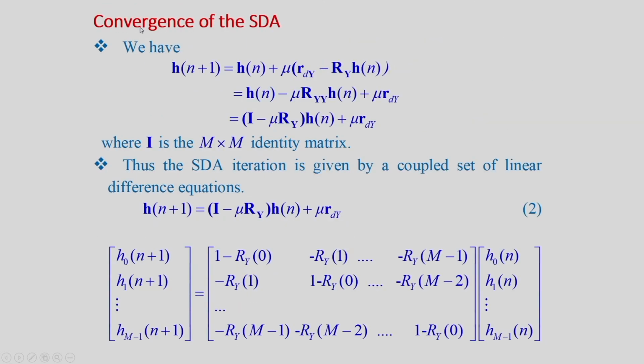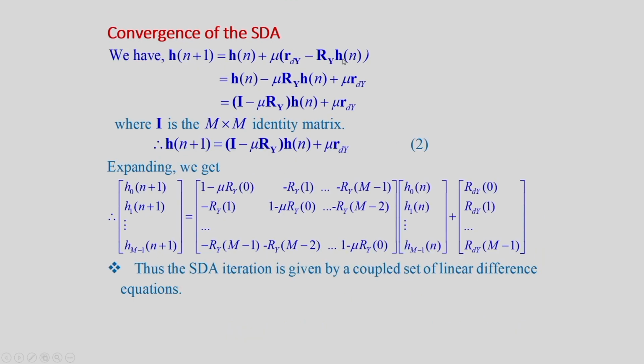Now, let us discuss the convergence of the SDA. We have H of n plus 1 is equal to Hn plus mu times r dy minus ry into Hn, and this we can rewrite as Hn minus mu times ry into Hn, then plus mu times r dy.